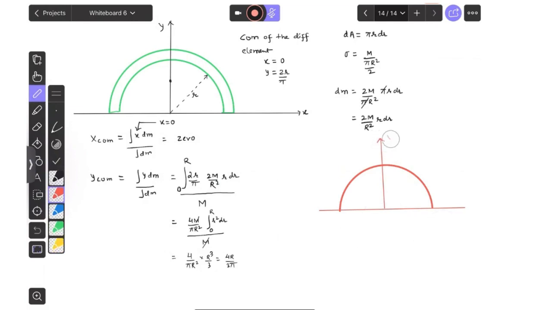So we have a uniform semicircular disk of mass M and radius R. The y-axis is the axis of symmetry, and the center of the mass lies on the y-axis, so xcm will be equal to 0. The center of the mass is going to lie at a distance of 4R by 3 pi from the center. And this is something you are supposed to remember. Okay, all of you got this thing?